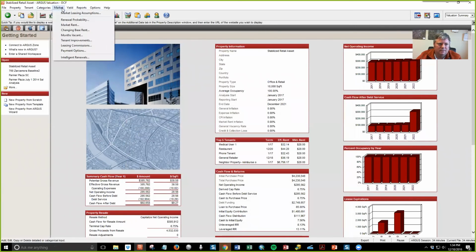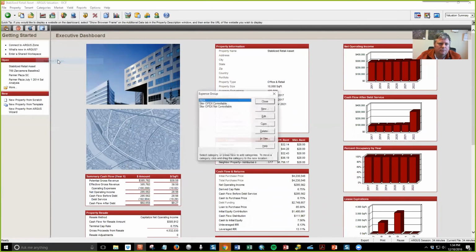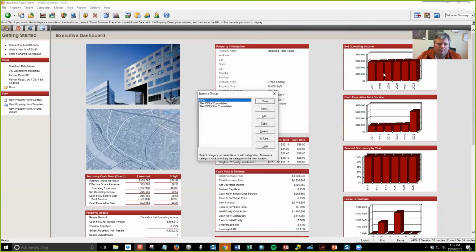Out of the expenses, I created categories, I created groups, expense groups. All right, so here's my REA expense group, and landscape and lighting. So 100% of these expenses can go into this expense group for the REA.